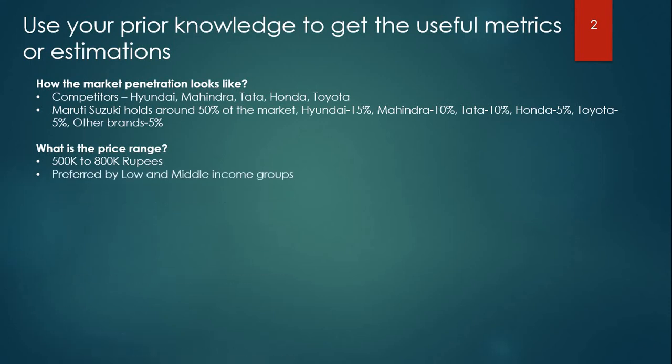From this we can conclude that it is majorly preferred by low or middle income groups. And does this run in taxis? Yes, you must have seen, if you have ever traveled in India, that Swift is a very common option for taxis in case you are using Uber or Ola.